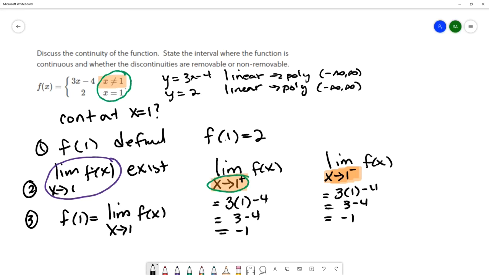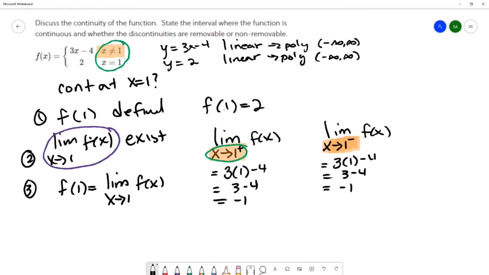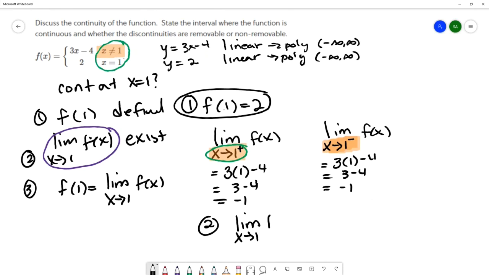So we've got the limit from below being negative 1, the limit from above being negative 1. So the overall limit is negative 1. So for our second criteria, we did find that the limit exists. The limit as x approaches 1 of f of x is negative 1.